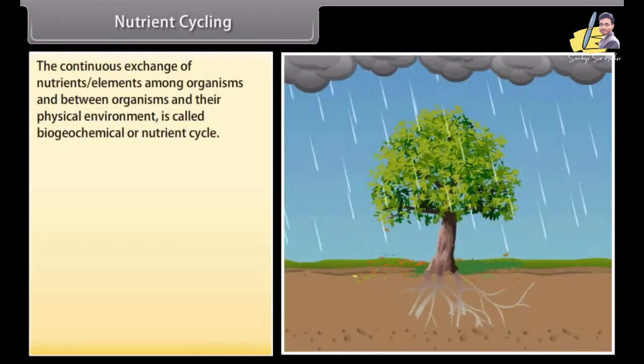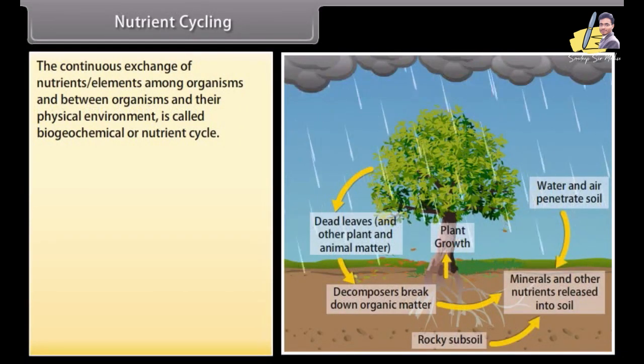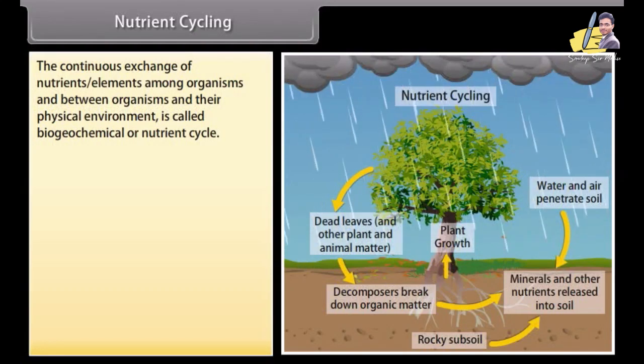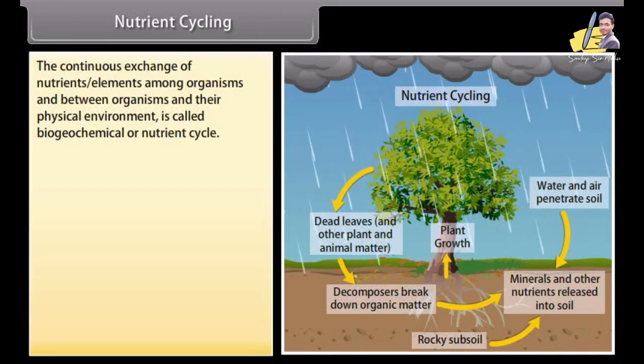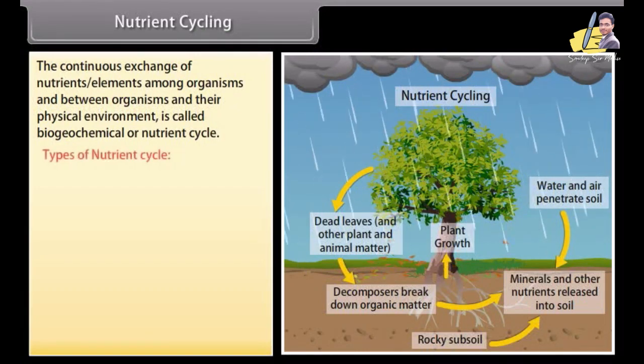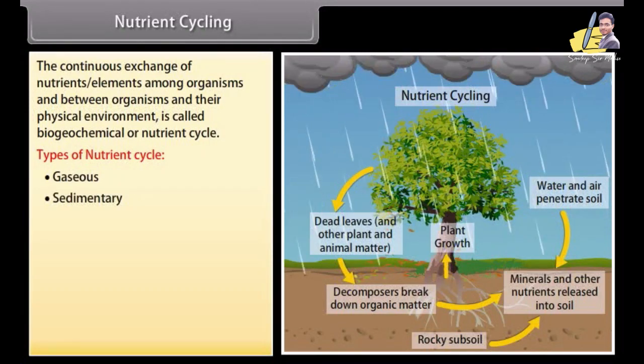Nutrient cycling. The continuous exchange of nutrients, elements among organisms and between organisms and their physical environment is called biogeochemical or nutrient cycle. Types of nutrient cycle: gaseous, sedimentary.